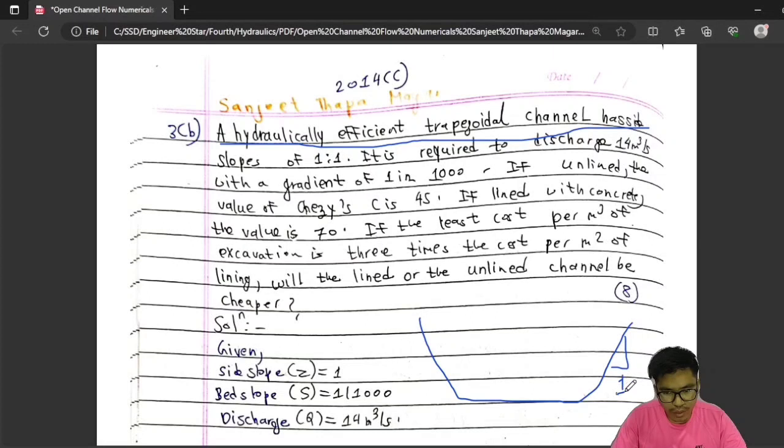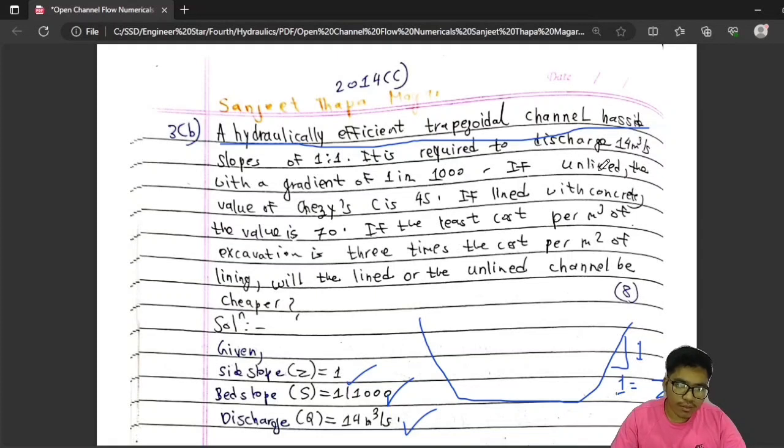Horizontal is 1 and vertical is also 1, so the value of Z is 1. It is required to discharge 14 meter cube per second with a gradient. Discharge is 14 meter cube per second. Slope is 1 in 1000, that is 1 divided by 1000.